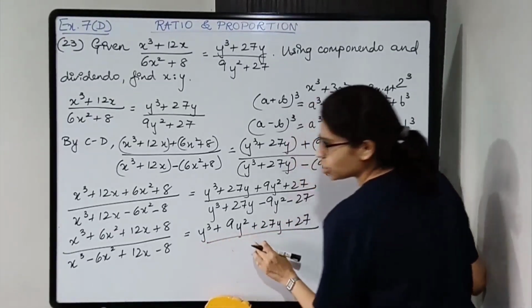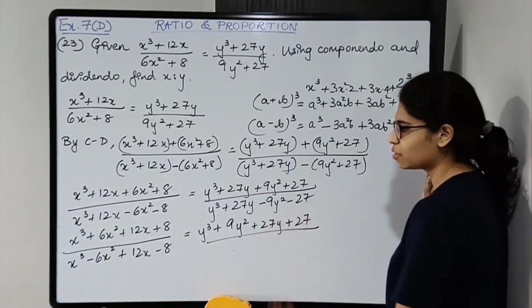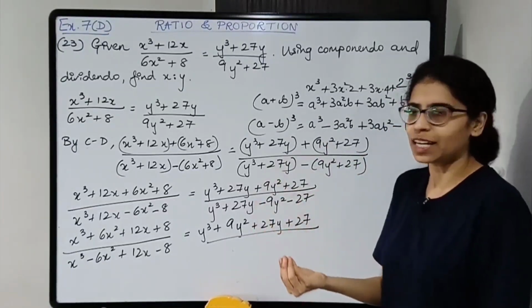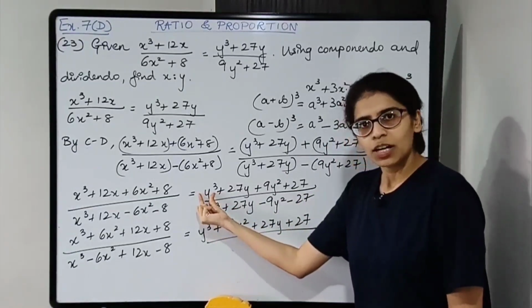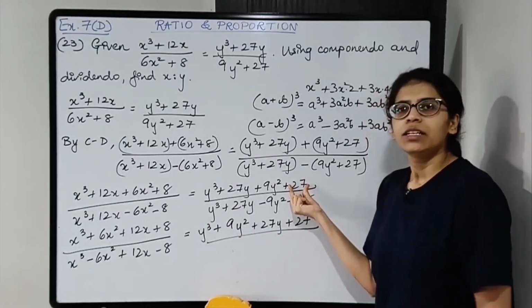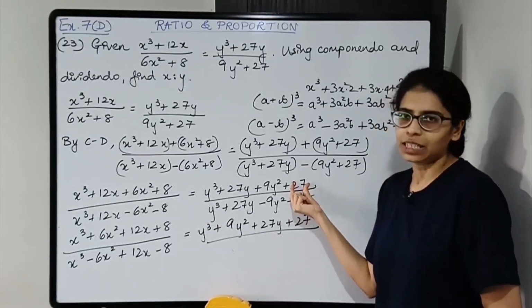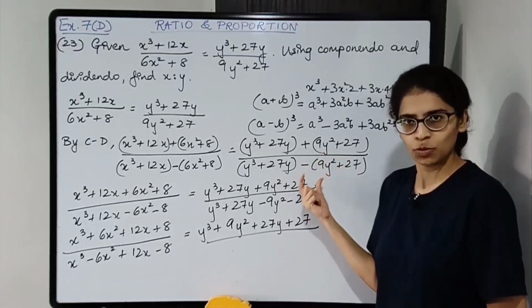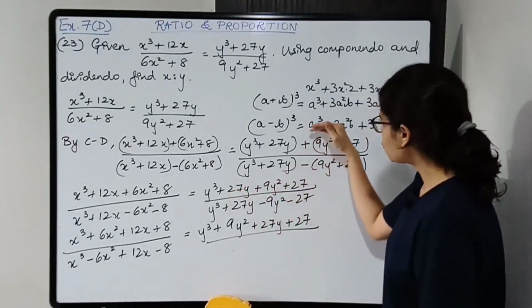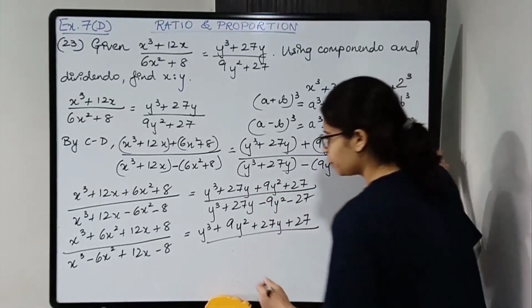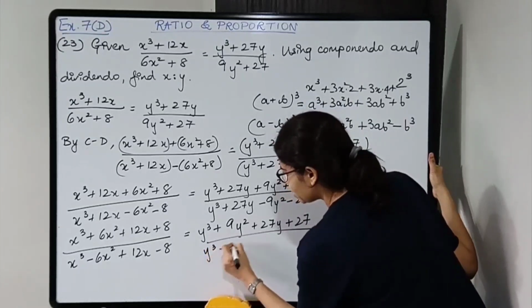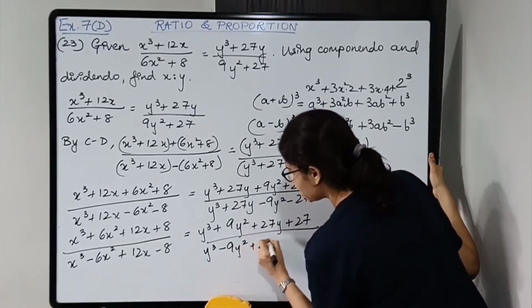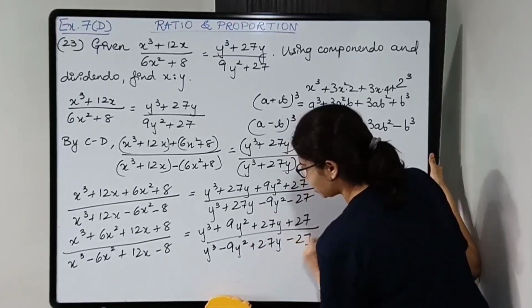Here you can cross check for yourself. Okay, I'm not showing this students. You should be thorough with identities. A की जगह पे y है and instead of b there is 3 का cube. Okay, and you can cross check the terms in between. All right. So y cube minus 9y square plus 27y minus 27.